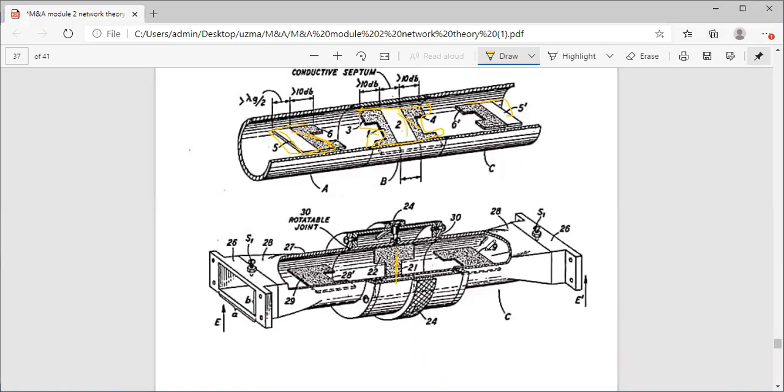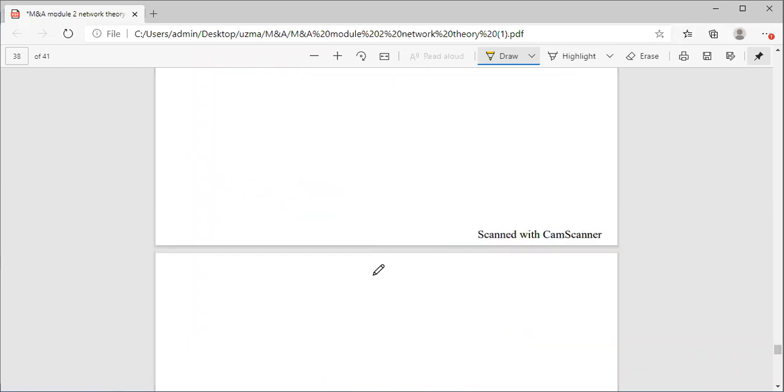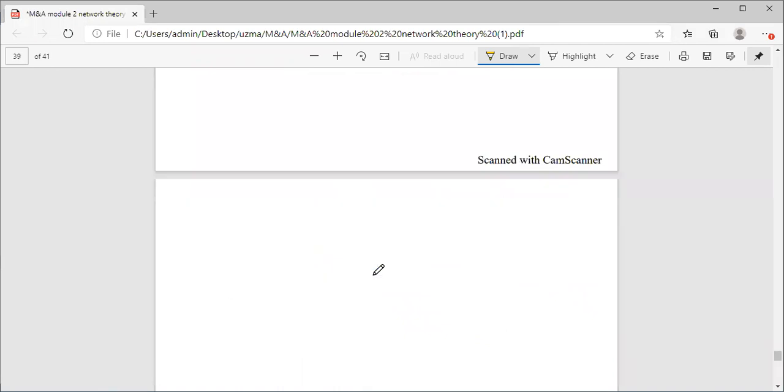Here they are completely parallel. Here it is perpendicular. So this is the top view. If you cut it into two halves from the top and view it, it looks like this. These are the modes.